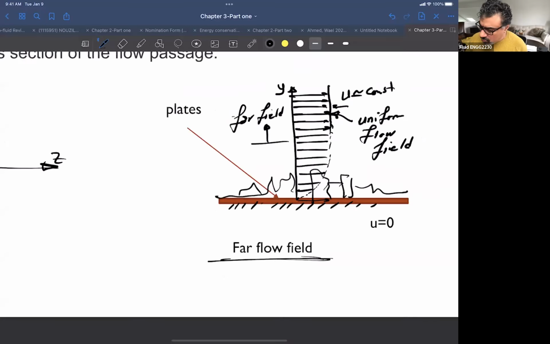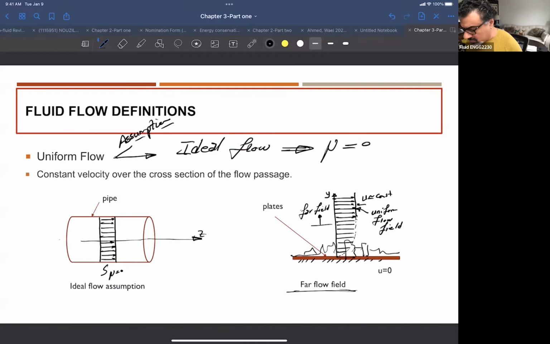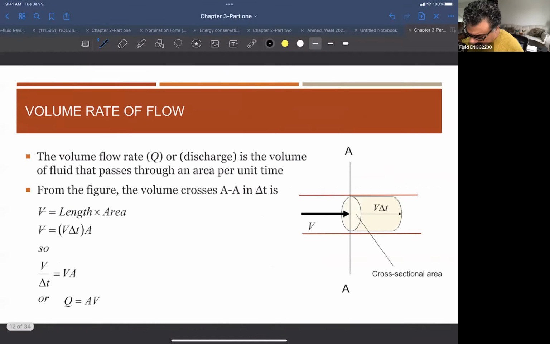Those are the locations where we're going to hear about uniform flow, either as an assumption we consider to see what's happening, or we can look at an ideal flow and then do the analysis. This is a basic definition that we are going through before we start the chapter.